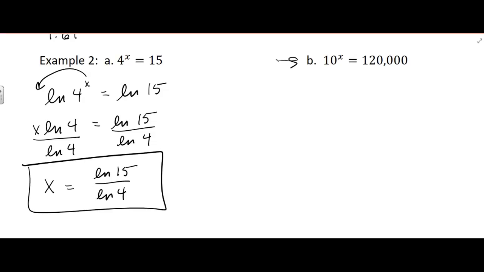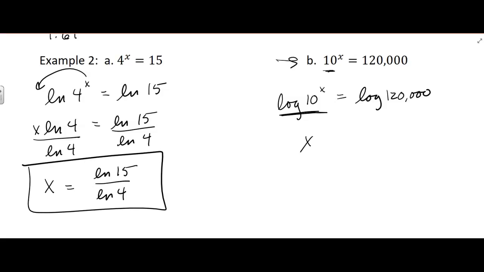Okay, so here's another example. Oh, this one has a base 10. You see it? Okay, so we're going to take the common log of both sides because that'll actually be helpful to us. Because when I have a common log and I have base 10, that's that property 3, right?